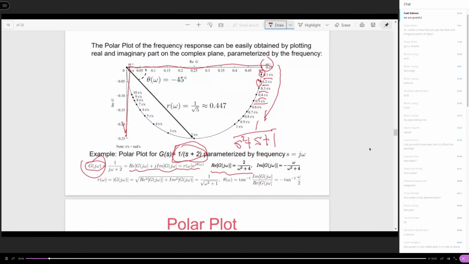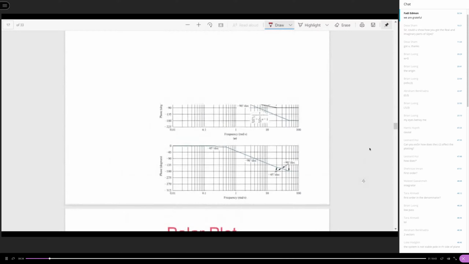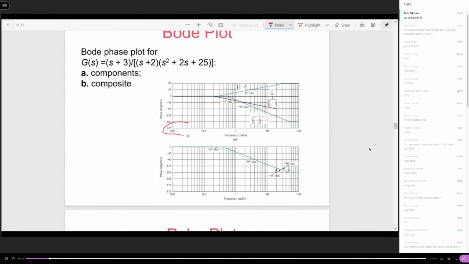This is different from the Bode plot, right? You remember in the Bode plot, the horizontal axis always represents the frequency, so the frequency value is explicitly shown. But you have to draw two plots for the magnitude and the phase, right?